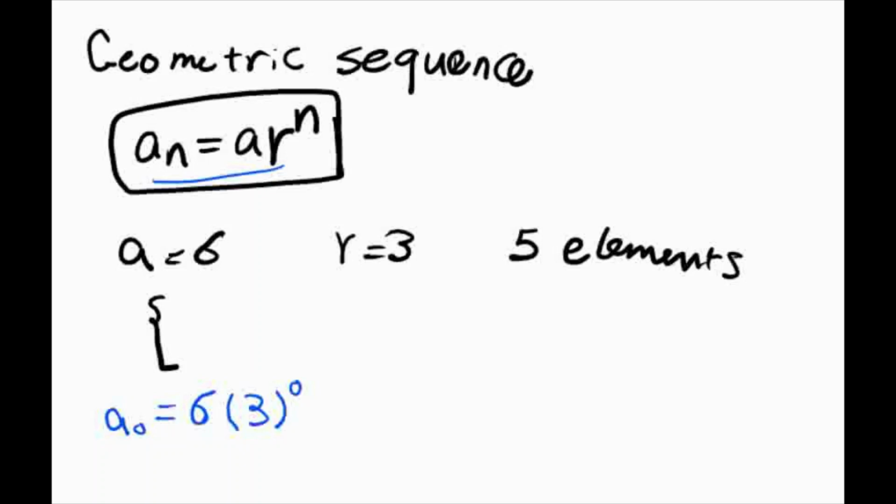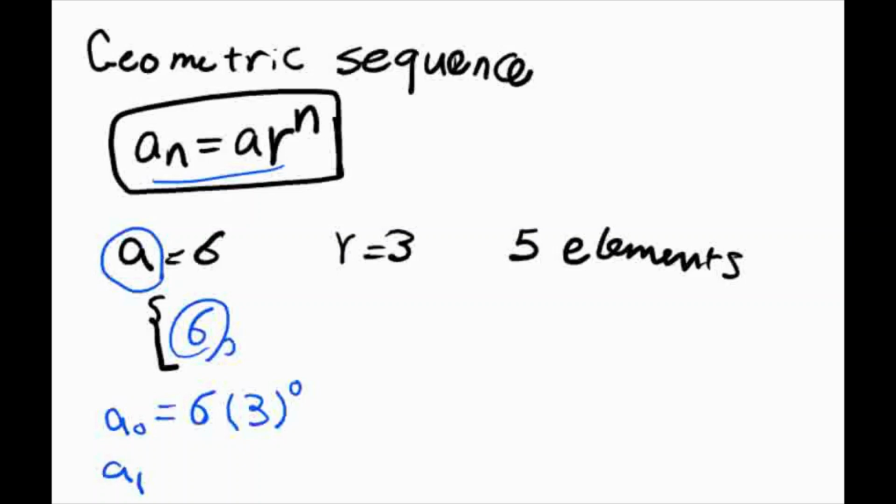So 6 multiplied by 1 is going to give me a 6. So again, for geometric sequence, our first element is going to be our a. Whatever our a is, it's going to be our first element, because any number to the power of 0 is going to give us a 1.